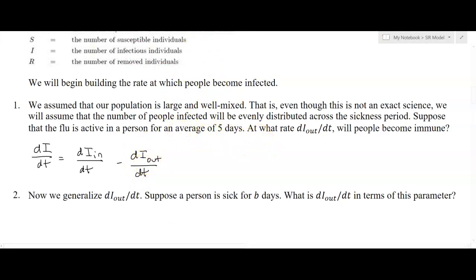Now here we're saying that people are evenly distributed across the 5 days. So if I visualize how to work with this, here's time 0, 1, 2, 3, 4, and 5.